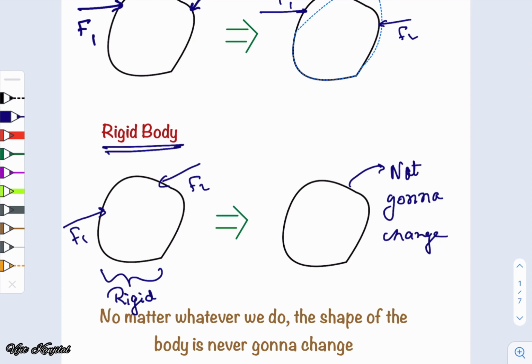Now this definition that we gave for a rigid body is pretty physical and quite qualitative. So now let's try to think more deeply, and try to give a much more precise and scientific definition of a rigid body.